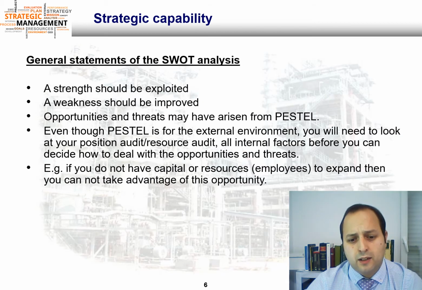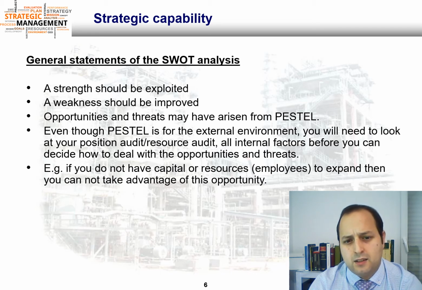It's important to take into account that when performing a SWOT analysis, when you have written down the strengths and the weaknesses, a strength should be exploited and the weaknesses should be improved. And opportunities and threats may have arisen from the PESTEL analysis that we saw when performing the macro environmental analysis two classes ago.